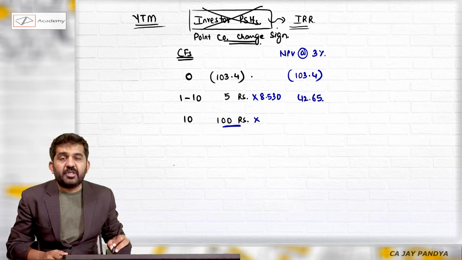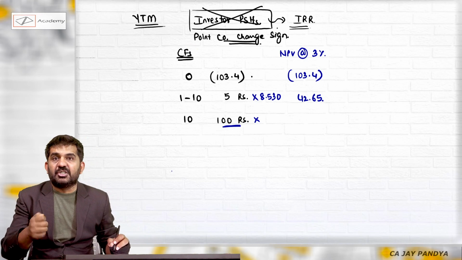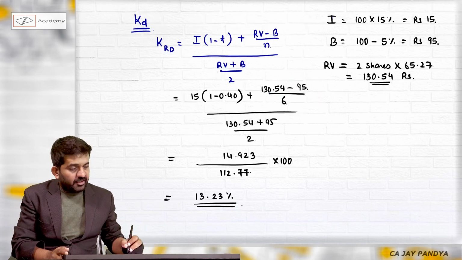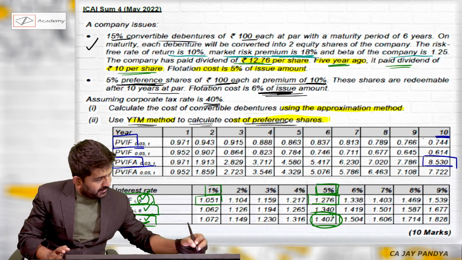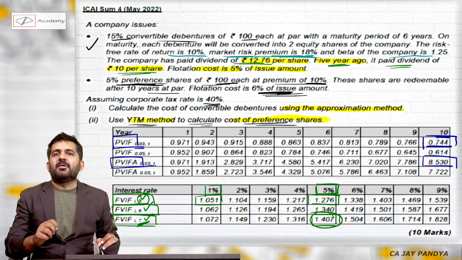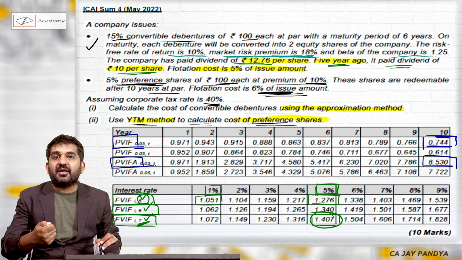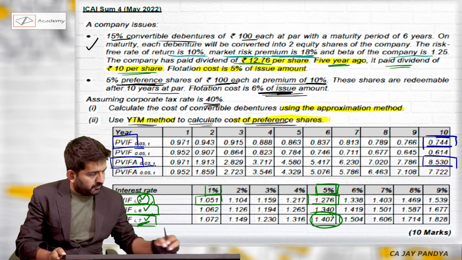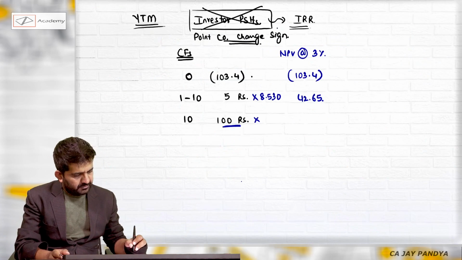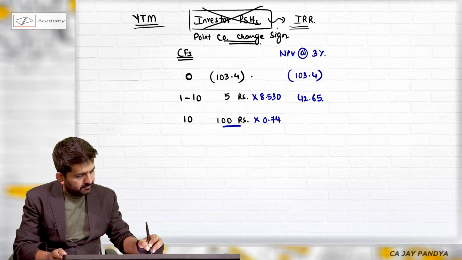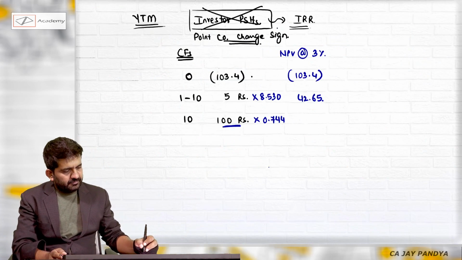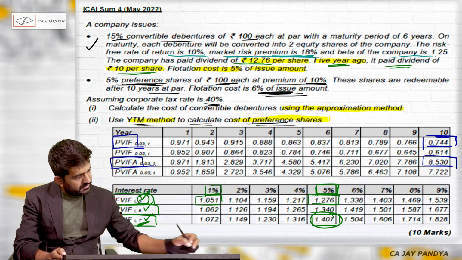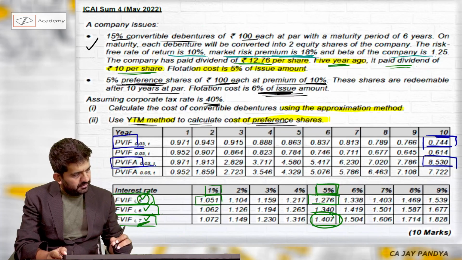This cash flow is not for 1 to 10 years. This cash flow is only of the 10th year. So which factor will be multiplied? I will not multiply the present value interest annuity factor. I will be multiplying the present value interest factor, which is 0.744, and it should be at the rate of 3%. Yes, I am doing it at the rate of 3%.